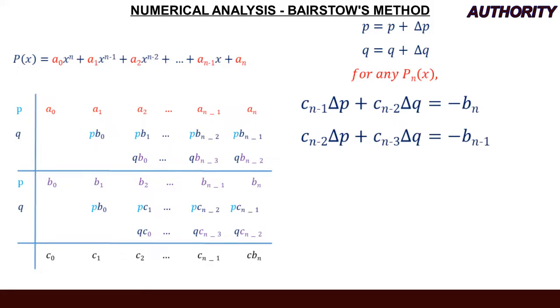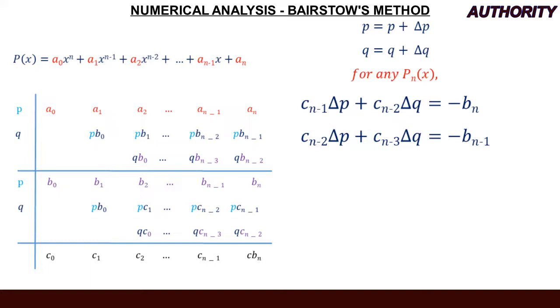Look at the structure. Delta P, delta Q. We start from Cn minus 1. The next one, Cn minus 2. We say Cn minus 1 delta P plus Cn minus 2 delta Q is equal to minus Bn.